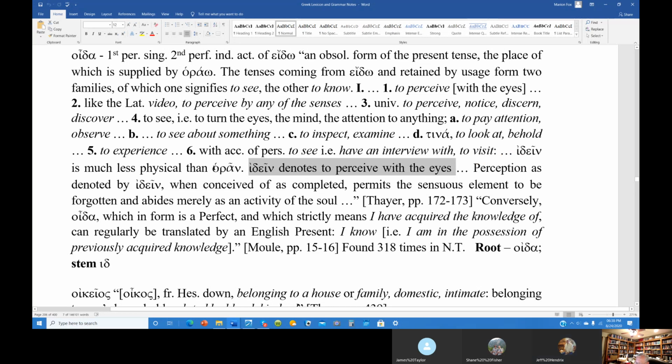And horan, from horao, the infinitive form, is more physical. So that's explained in Thayer here. Muhl, he explains it here a little bit, but he says that it is a possession of previously acquired knowledge.